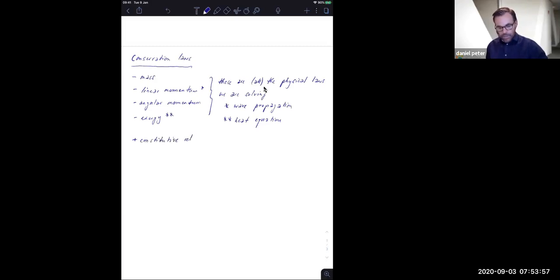And if you heard, for example, from Hooke's law in elasticity, Hooke's law is one of these constitutive relations. And we need then Hooke's law basically to link stress with strain when we look at the wave propagation equation.